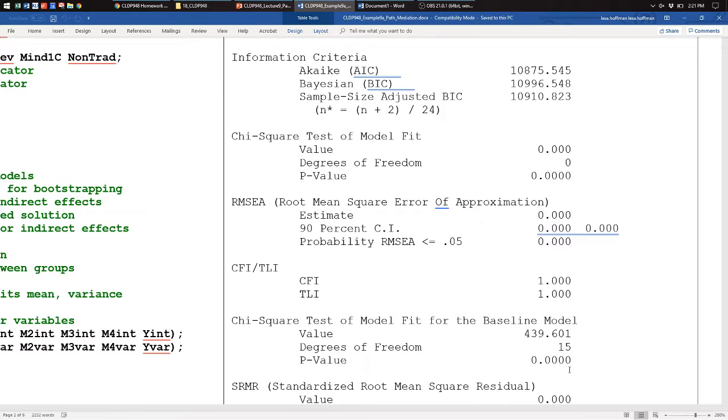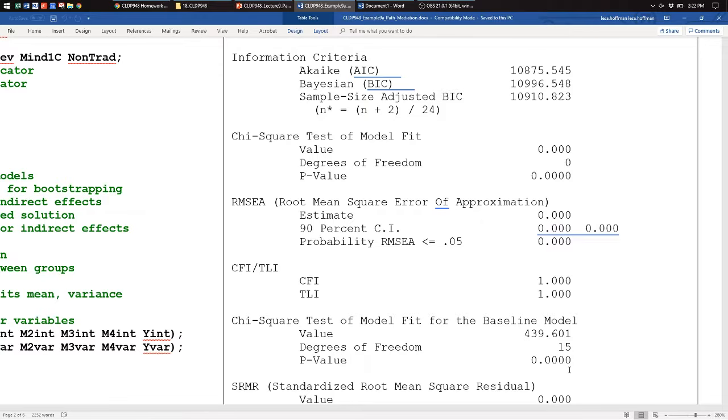Okay. My response, dear reviewer 3, who'd like to help me? Dear reviewer 3. This model is just identified. Now, what if reviewer 3 doesn't know what that means? Let's break it down. Don't say covariance matrix. Reviewer 3 doesn't know what that means either.